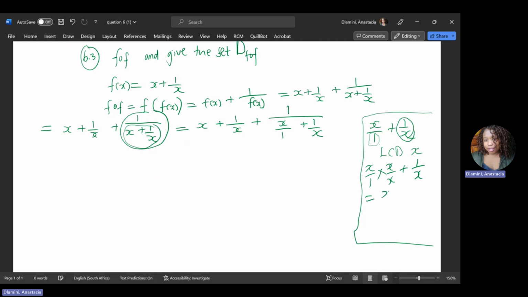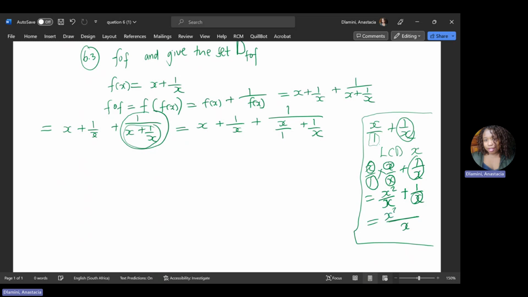So this is equal to x squared over x, because 1 times x gives us x, and x times x gives us x squared. Then we add this term, plus 1 over x. Now that we can see the denominators are the same, we take the denominator x and add the numerators.